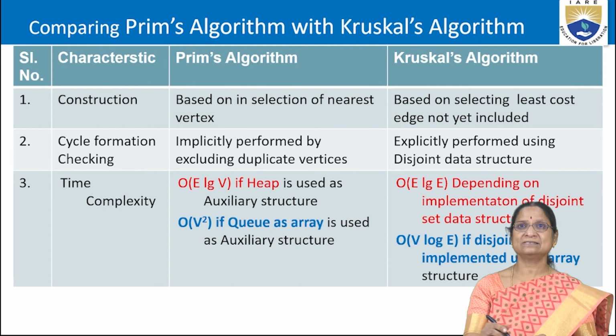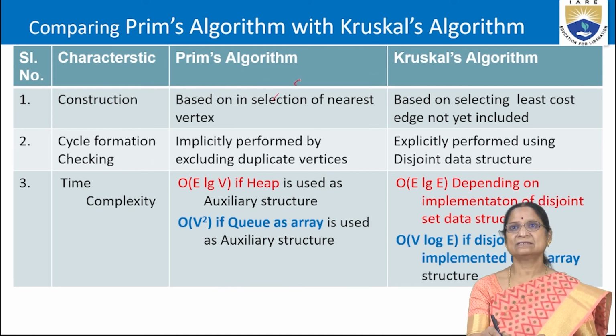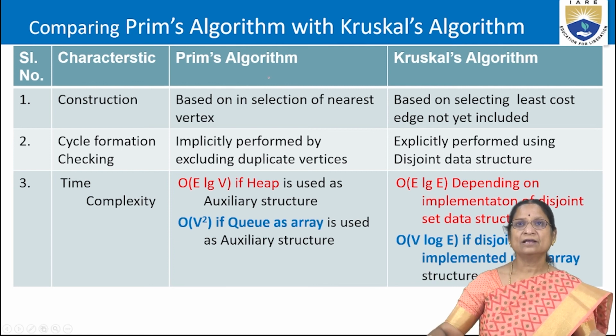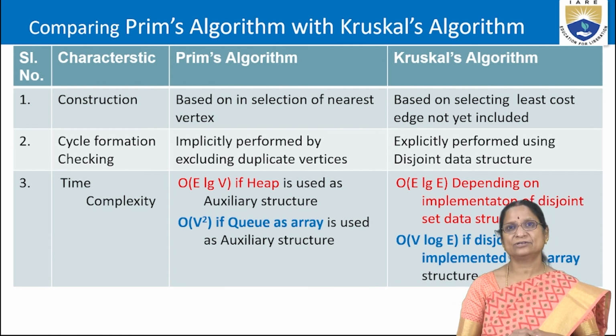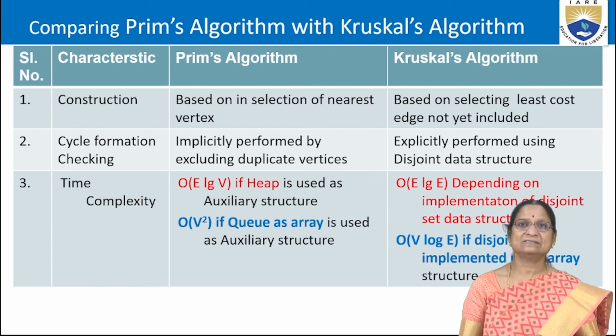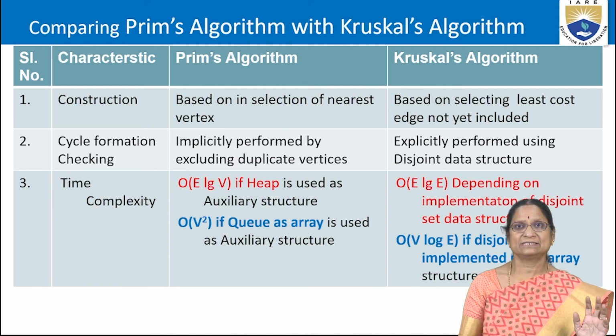This process is continued till all vertices are exhausted. So what is the final condition here? The loop gets executed until all vertices are included, that means n vertices, V.